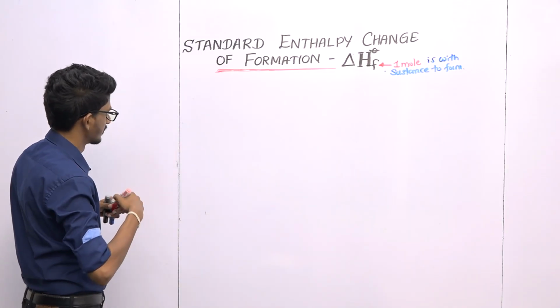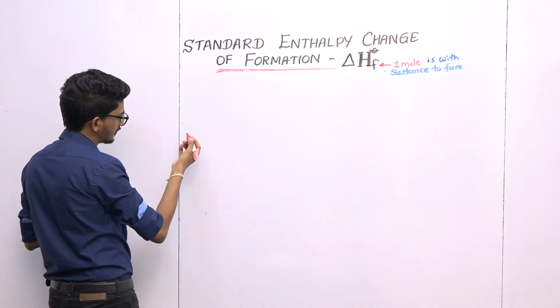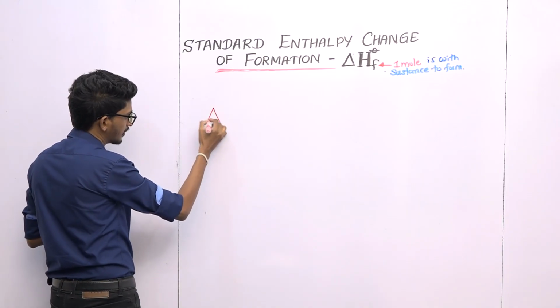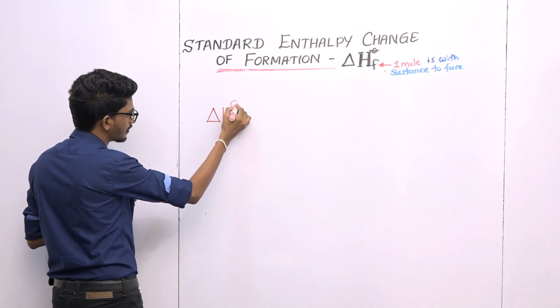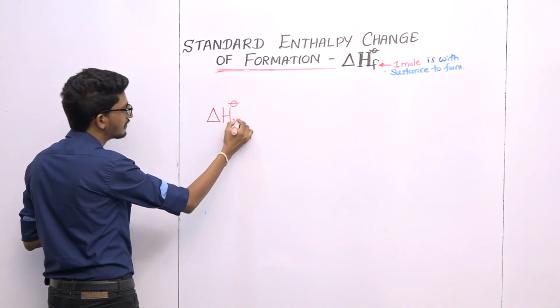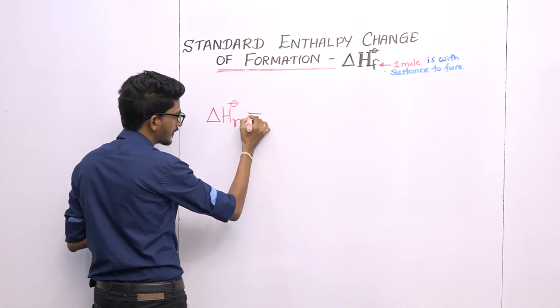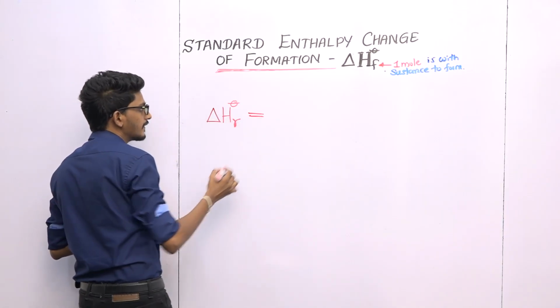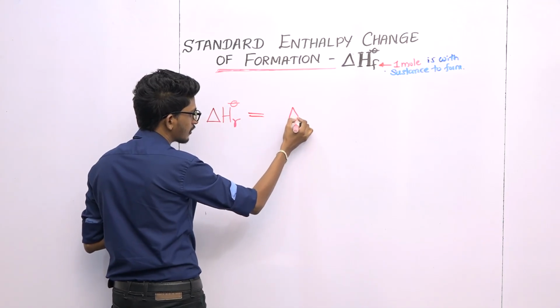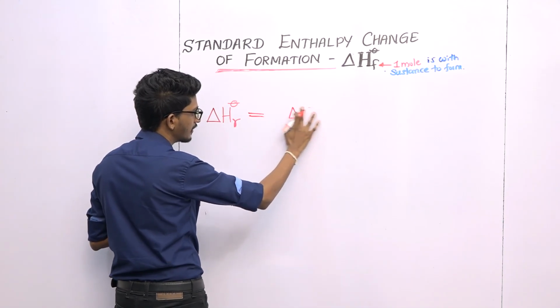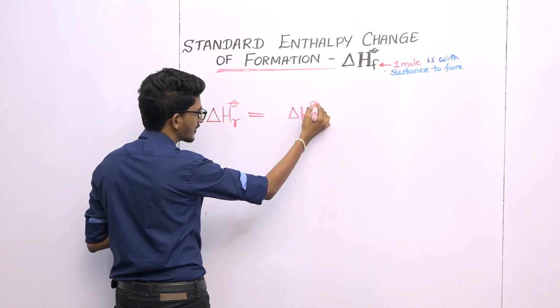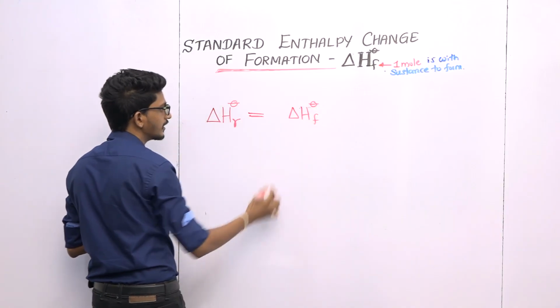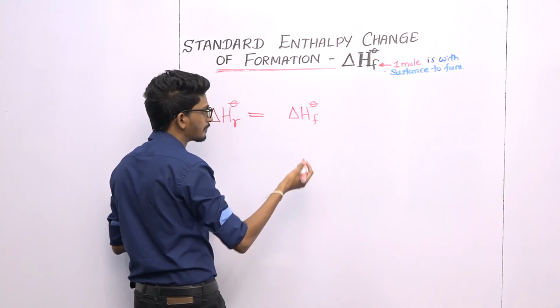It is this equation. We can find out the enthalpy change of reaction for any given reaction if we know the enthalpy changes of formation of all the reactants and products.